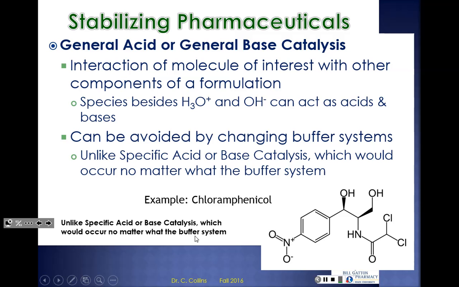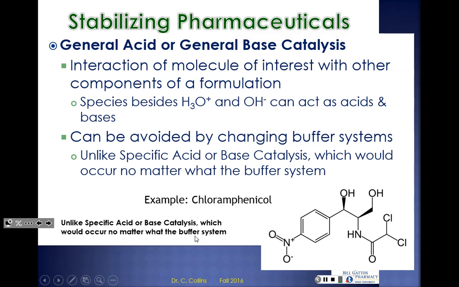So what we can do there is change components. You can change the buffer system. If I change the components of the buffer system in a general acid or general base catalysis, then I can actually minimize or get rid of the catalytic reaction.